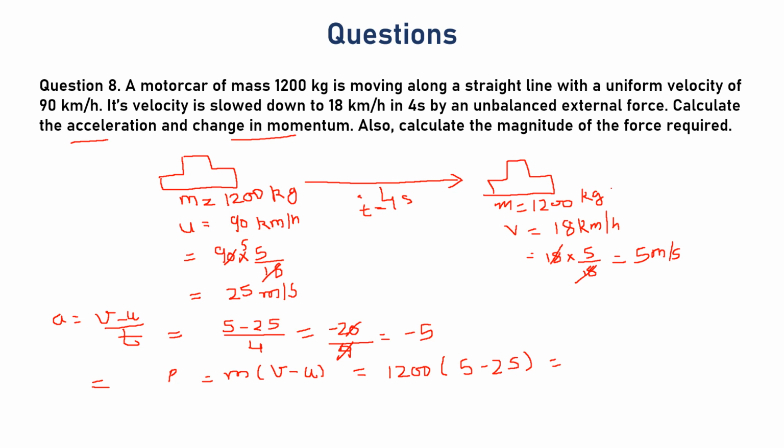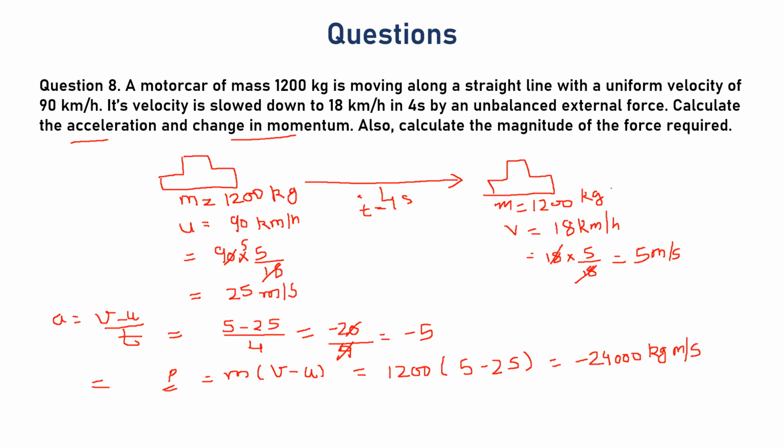What is 20 into 1200? 24,000. Minus 24,000 kg meter per second should be the unit, right? So we found the change in momentum.